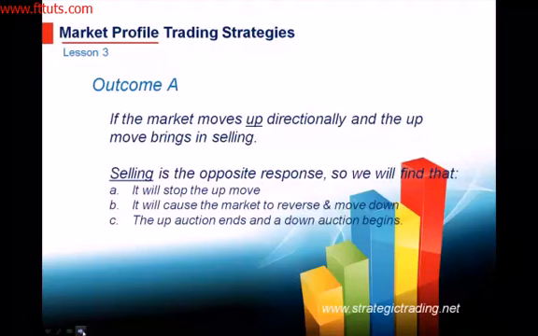If the market is moving up and all of a sudden it encounters selling, the move will stop and the market will reverse and start to move down. Now, it doesn't mean the market will continue to move down forever. It'll just move down to a point where it will again meet some buyers.